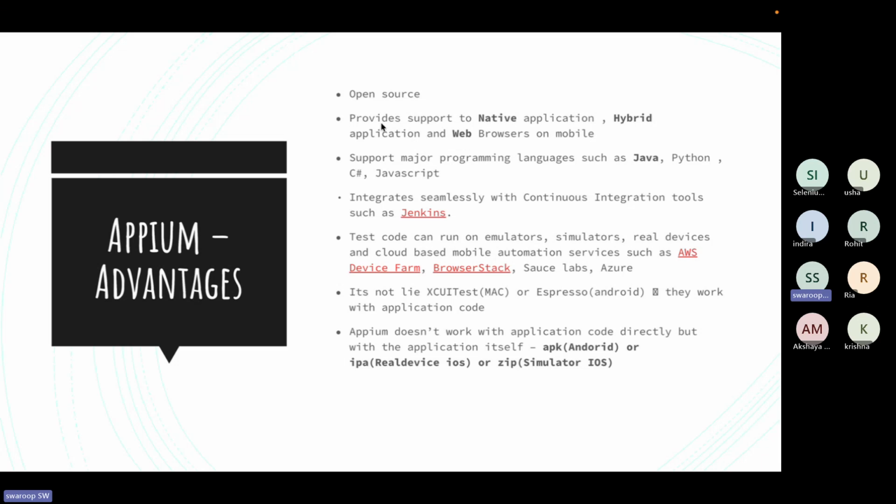Okay, and it provides support for native, hybrid, and mobile web browser, and programming languages Java, Python, C Sharp, JavaScript, and sometimes I even see TypeScript as well. I don't know how, I've not used it before, so I don't know if even TypeScript is supported. It's quite interesting because TypeScript is basically something which is on top of JavaScript.